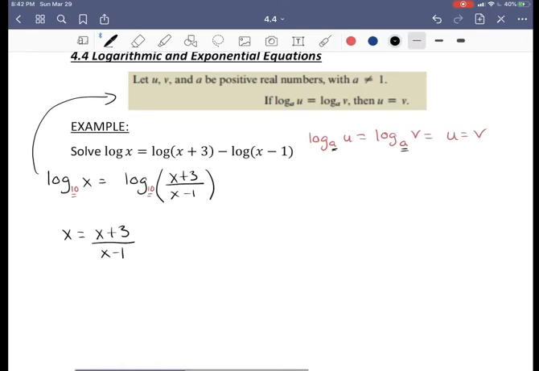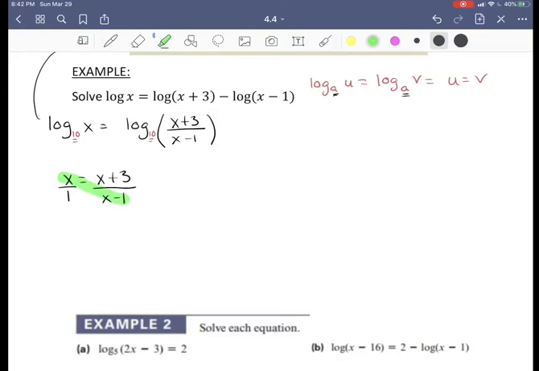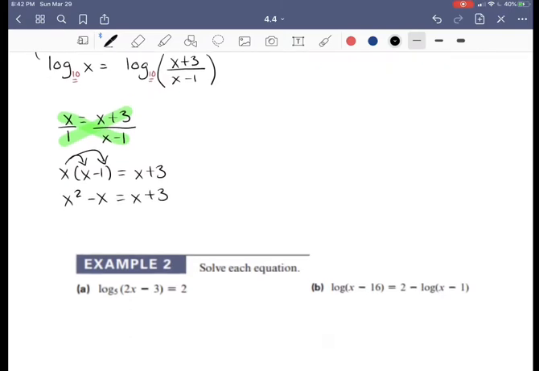To solve this, we can use what is known as cross multiplication. So I'm going to add a 1 and literally cross multiply. So this becomes x times x minus 1 is equal to x plus 3. I'm going to distribute that x, so I have x squared minus x is equal to x plus 3.